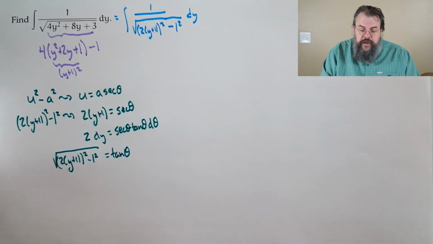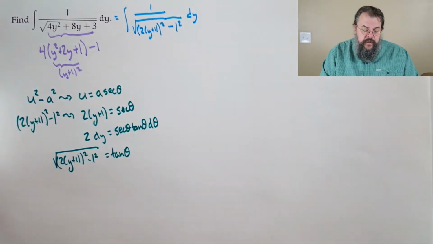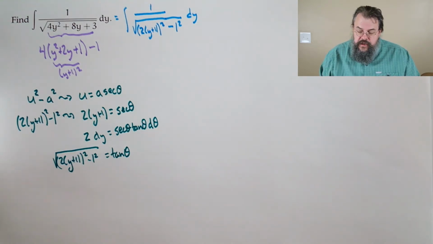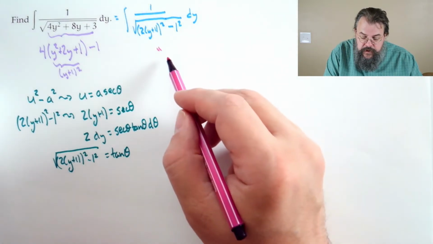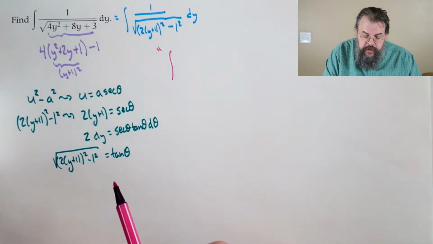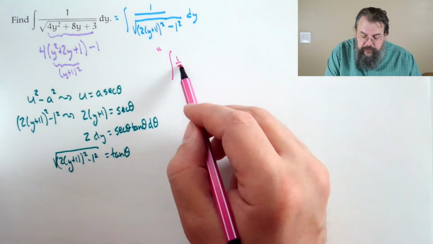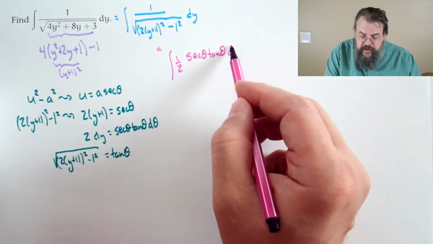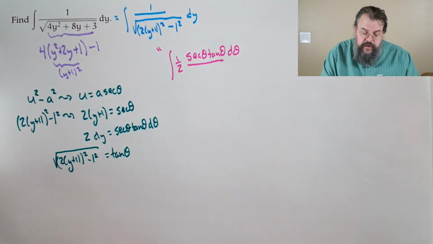All right, so we can now identify what's going to happen to these pieces here. And we say, great, let's carry out our substitution. So we get the following. This is going to be equal to the dy. Well, I should bring the half across. So I'm going to have a half. There's a secant theta, tangent theta, d theta. Divide by, downstairs, what do we have? Tangent theta.